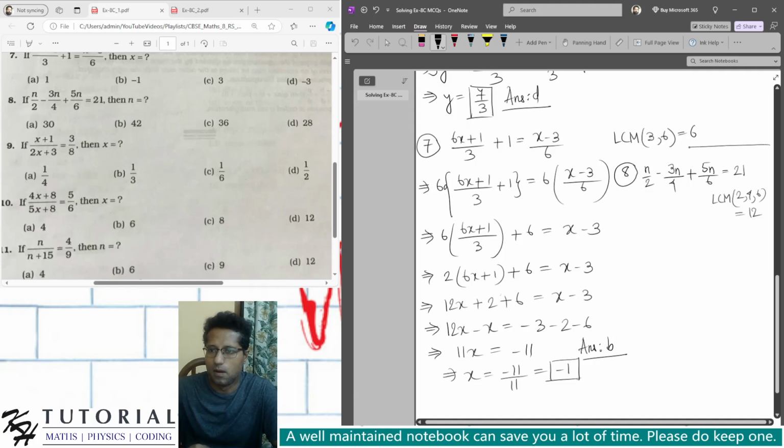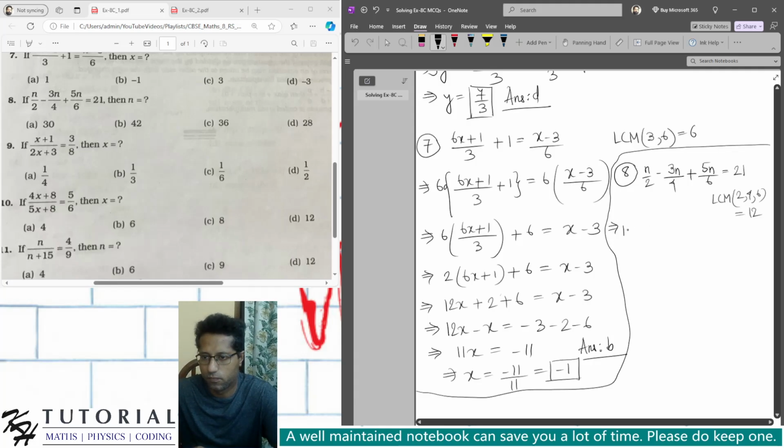So we will multiply the equation, the LHS and RHS, by 12. So we have 12 multiplied by LHS, n by 2 minus 3n by 4 plus 5n by 6, is equal to 12 multiplied by 21.